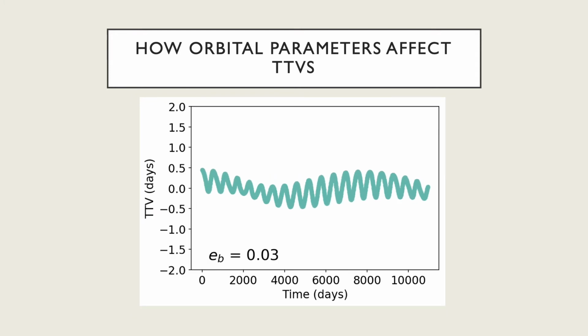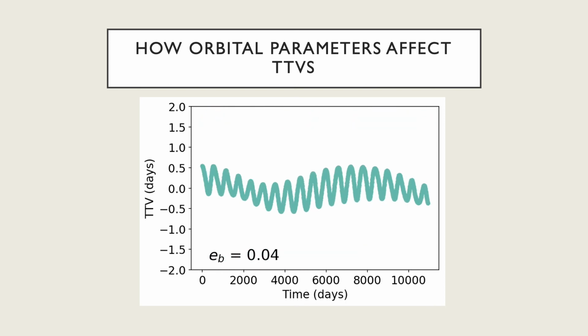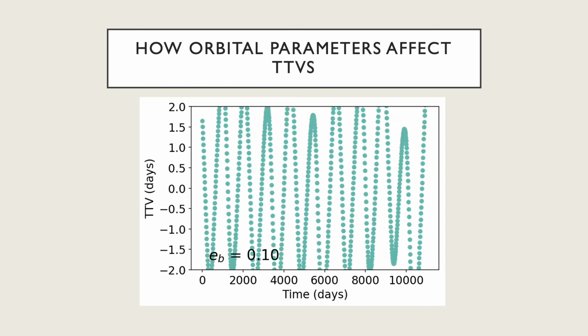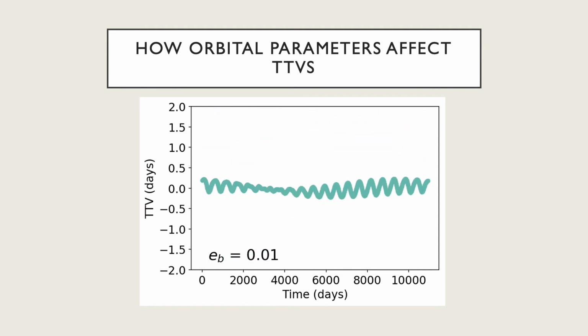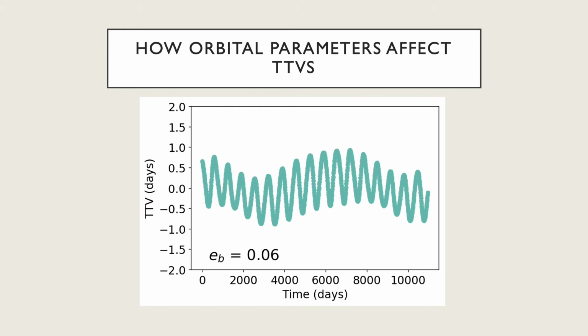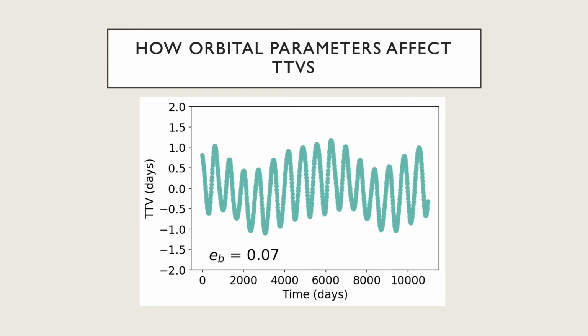Here is another plot, this time for orbital eccentricity of the inner planet. And as you increase the orbital eccentricity of the inner planet, again, holding all other parameters for both planets fixed, then you'll notice that the TTV amplitude increases. Finally, next up, we're going to look at the mass of the perturbing planet.